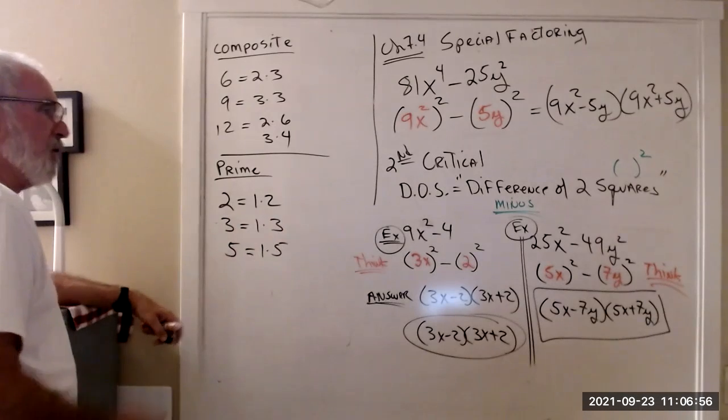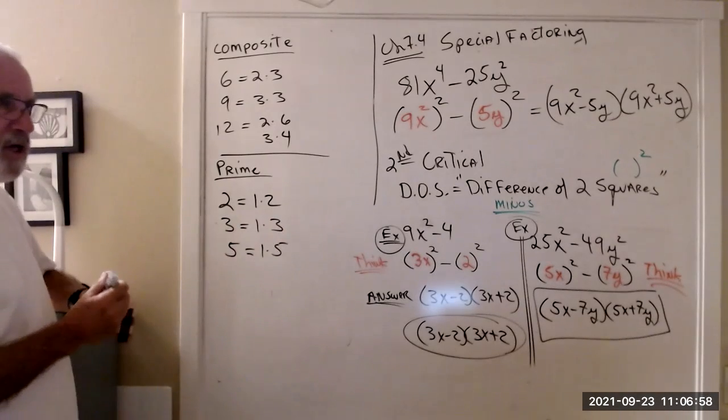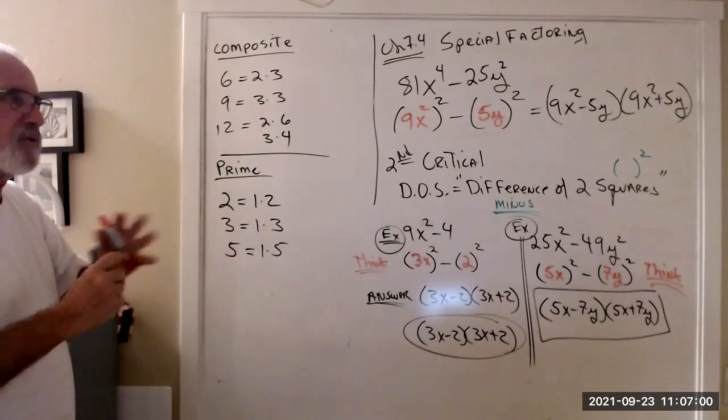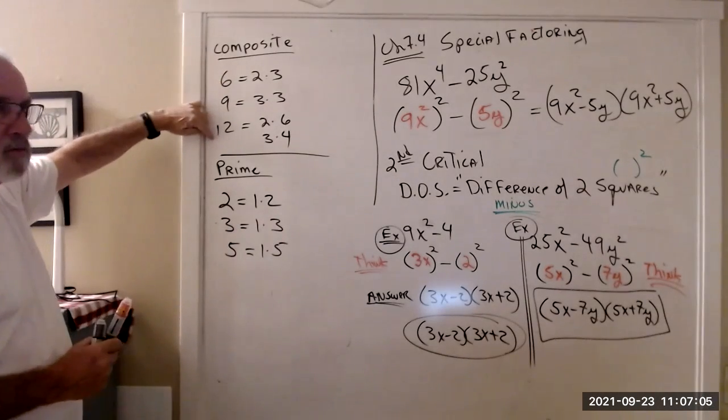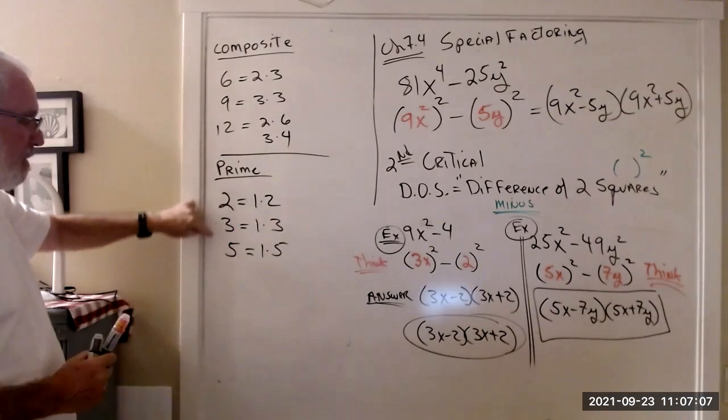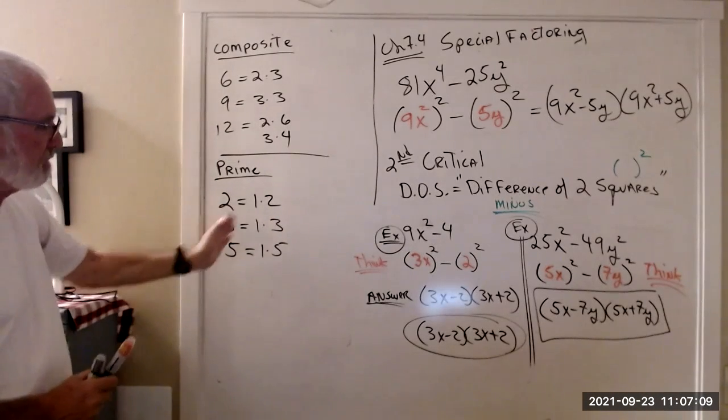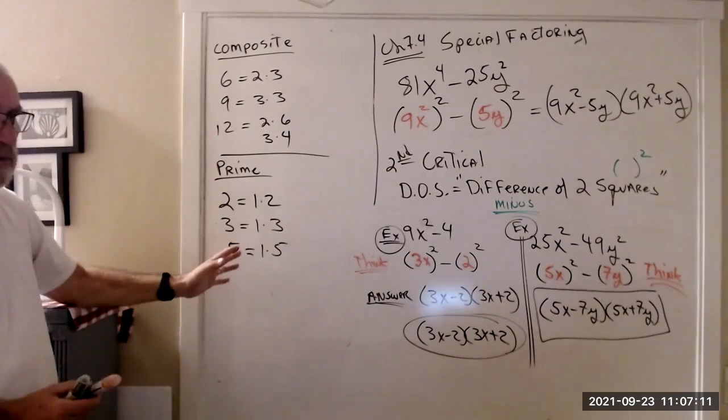And so on. So in arithmetic, we have 2 types of numbers. Composite numbers can be broken down. Prime numbers cannot be broken down. They're always 1 times themselves, whatever they are.